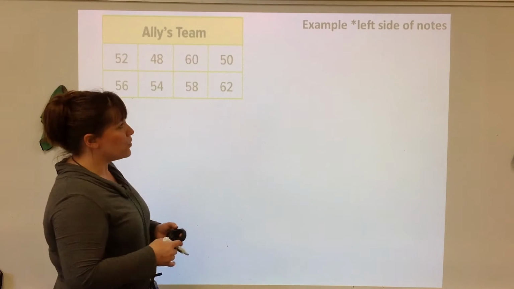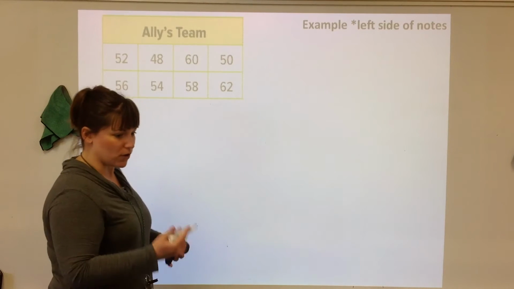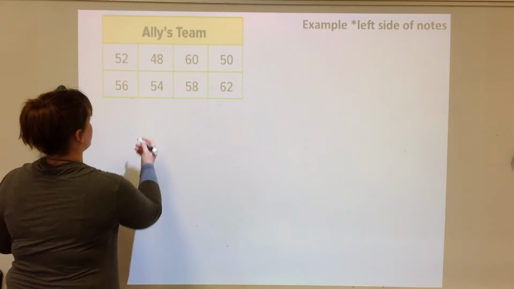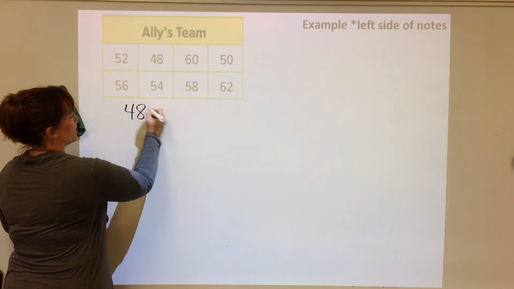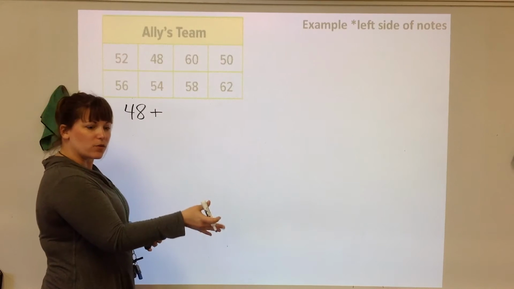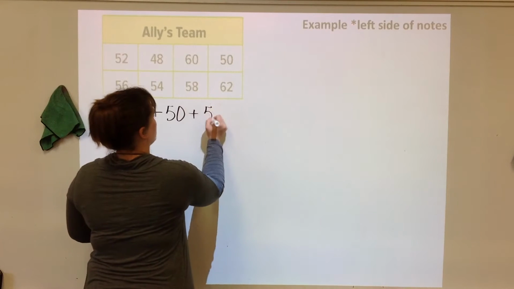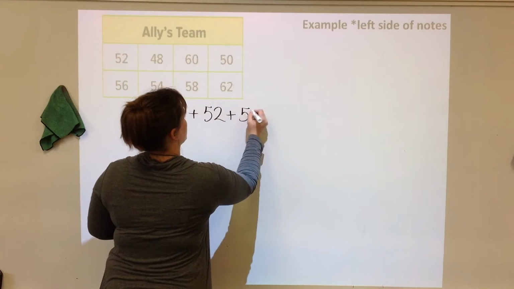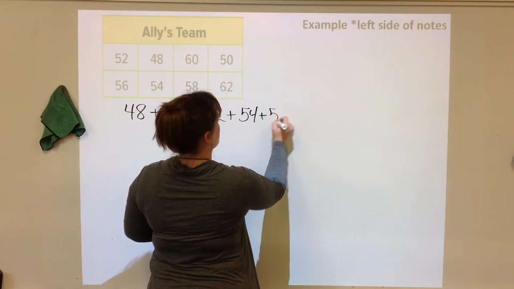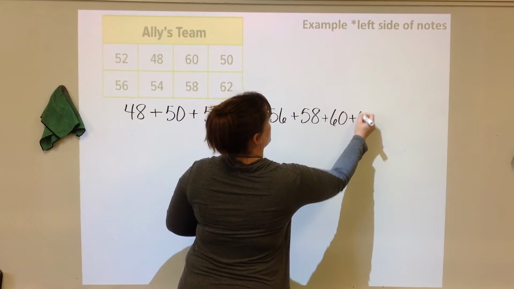For Allie's, we are actually going to first find the mean. That's the first step. So we are going to add up all of those numbers. So 48. It doesn't matter if they're in order, but I'm going to put them in order just so that we have them more organized. Plus 52, plus 54, plus 60, 58, 58, 60, and 62.